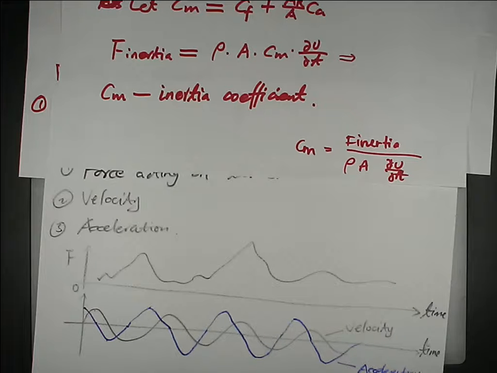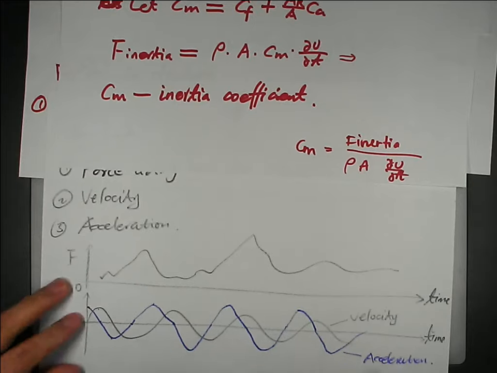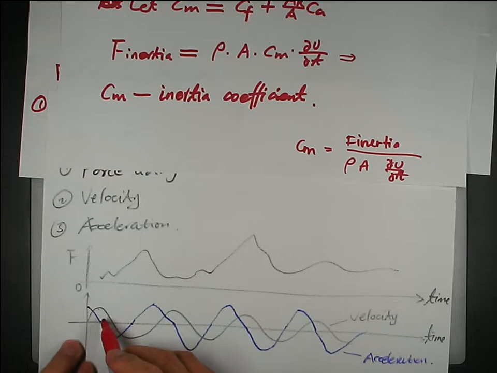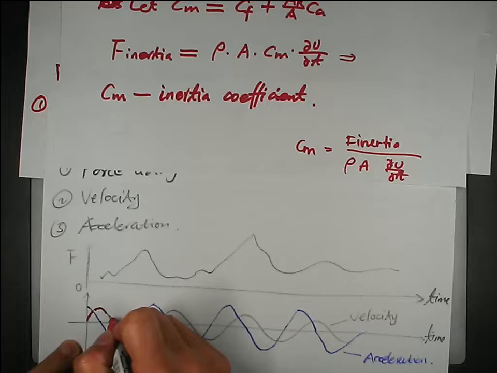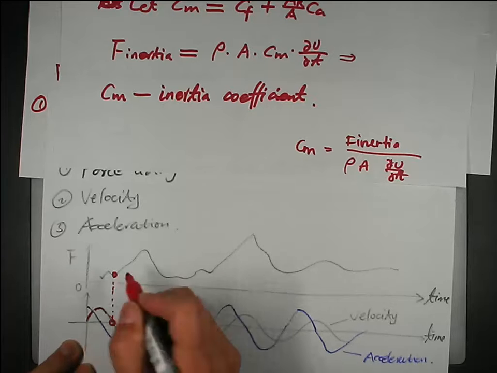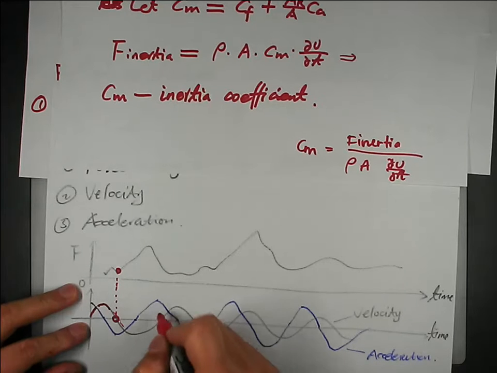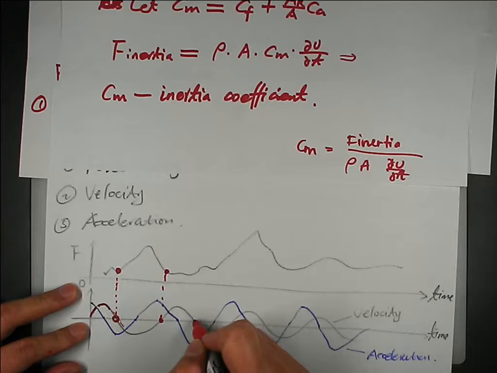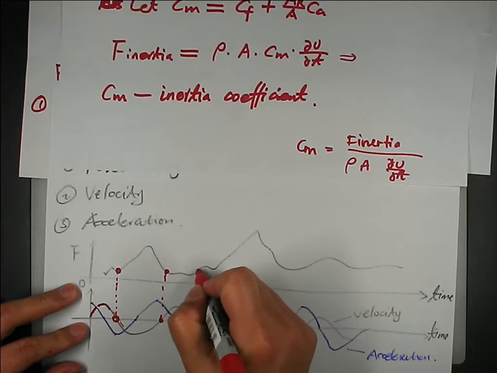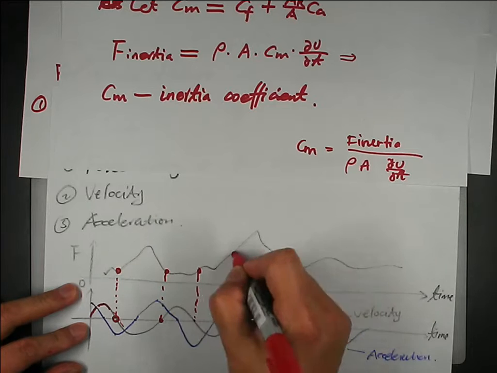So, we have the velocity curve. When the velocity is 0, we get the corresponding force here: the inertial force.